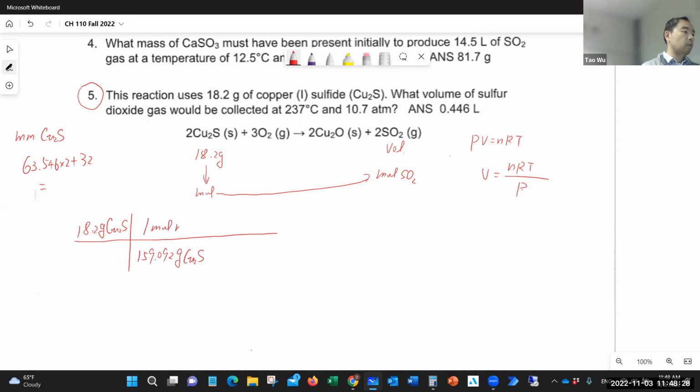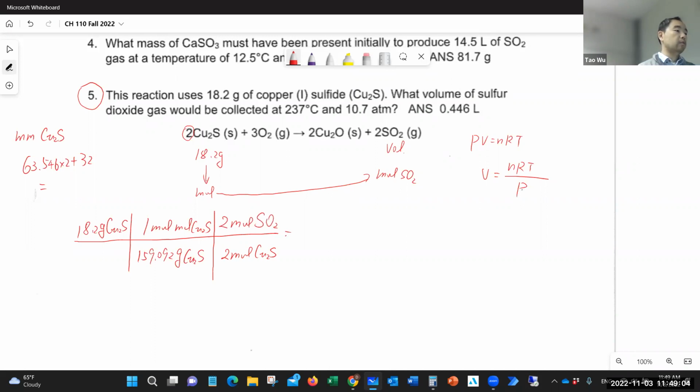159.092 is the grams per 1 mole. Remember, this is 1 mole of the copper 1 sulfide. Don't look at the coefficient. You just directly divide, because 1 mole of that is equal to that much mass, not 2 moles. Then you figure out the moles of this, and based on the stoichiometry, you can figure out the moles of SO2. You see, 2 moles of the copper 1 sulfide can form 2 moles of the SO2 gas.